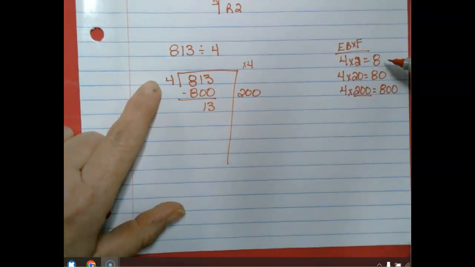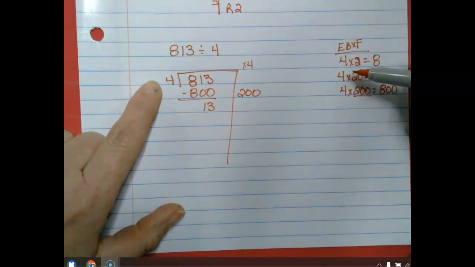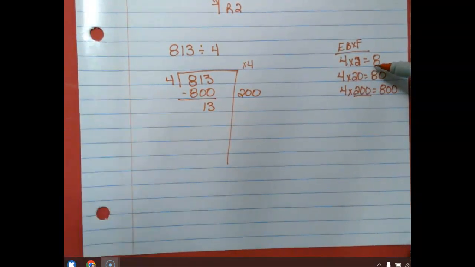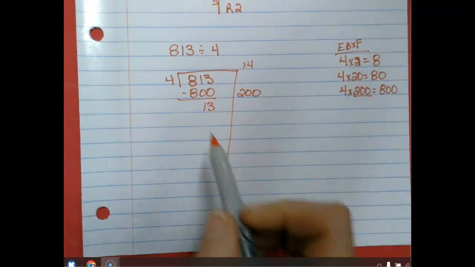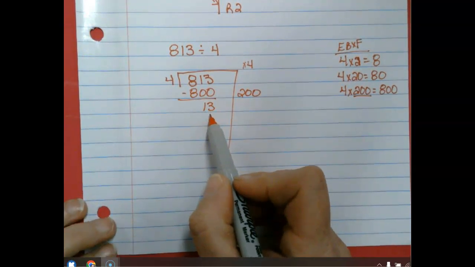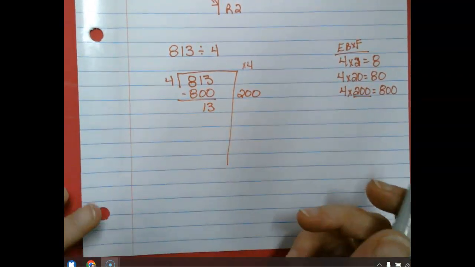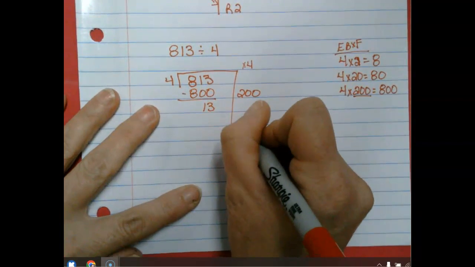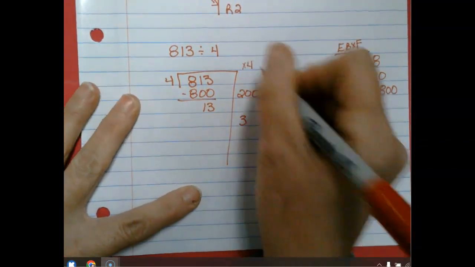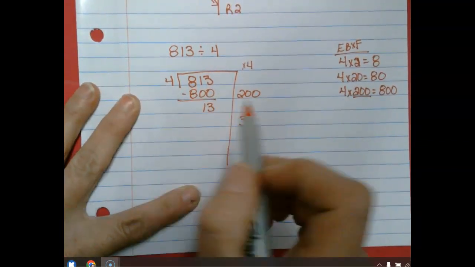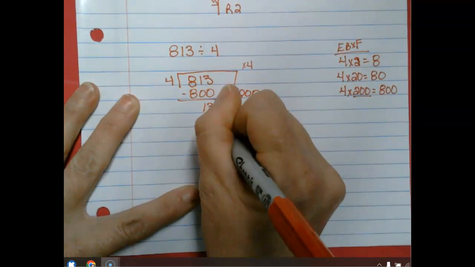All right, well, if I look at my easy breezy facts, I know that 4 times 2 is 8. But just off the top of my head, I do know that 4 times 3 is 12, and that's closer to 13. So I'm going to use the factor of 3, okay? So if I put 3 in each of these 4 groups, 4 times 3 is 12.